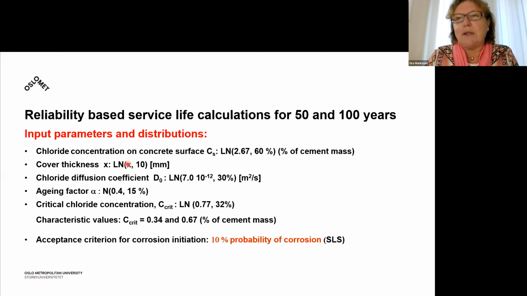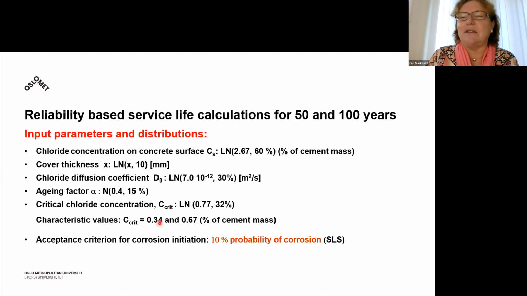And then we need the diffusion coefficient for the concrete we are using. Here I have used an aging factor of 0.4. It could be a little bit higher, it could be lower. And here you see the lognormal distribution found in the quay structure. And also here I have added some characteristic values to show the effect of different values of the critical chloride content on the service life achieved.